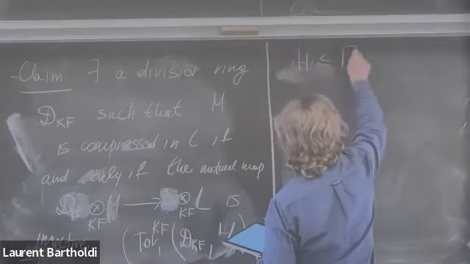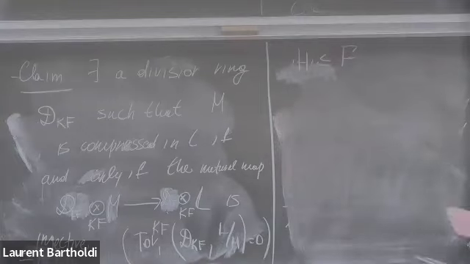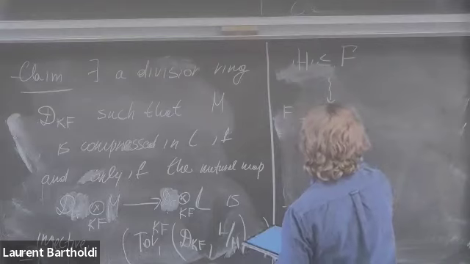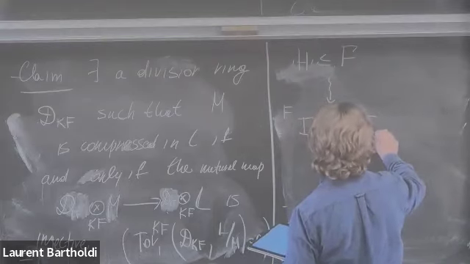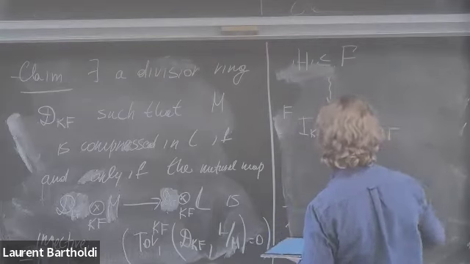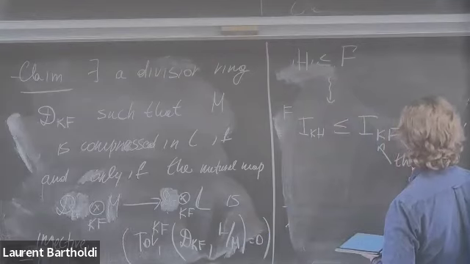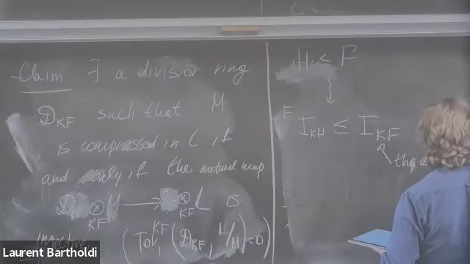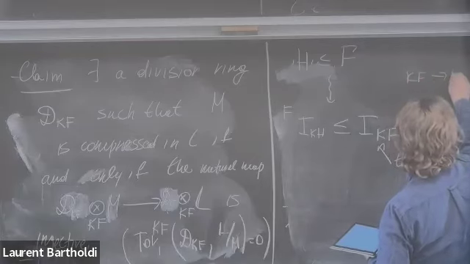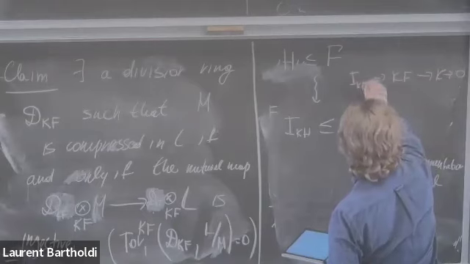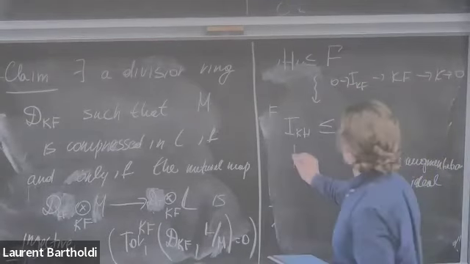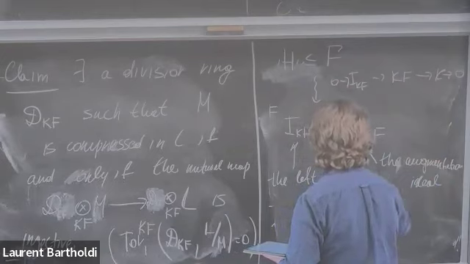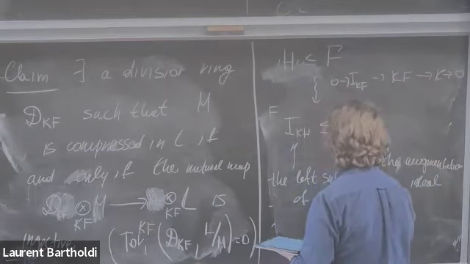We go back to this equation, and this gives us the following two models. This one is the augmentation ideal, the kernel of this map, and this one is the left submodel with the augmentation ideal of the related one.